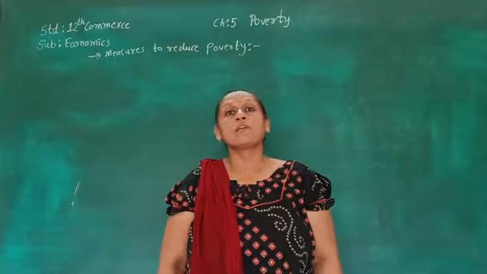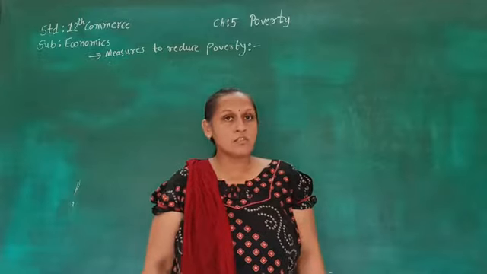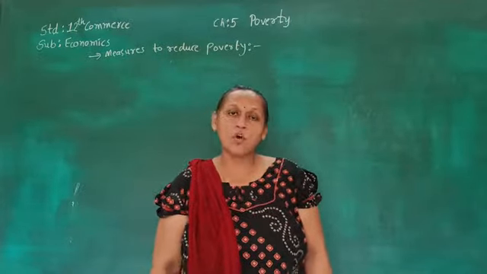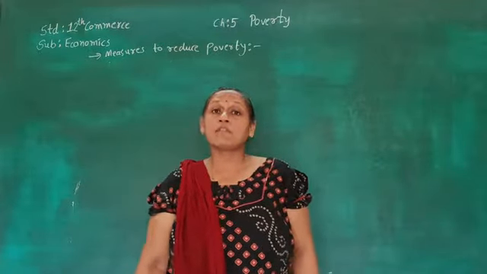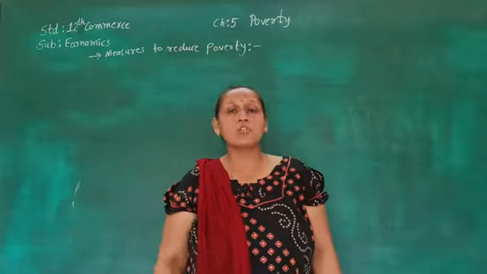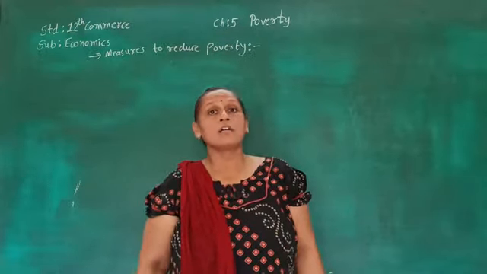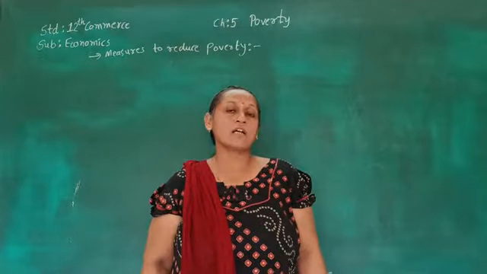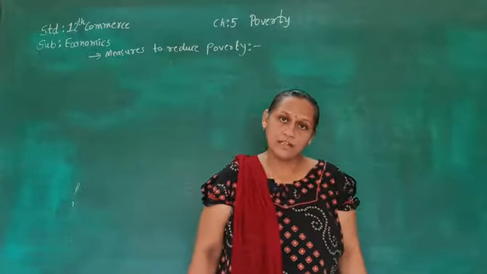Under the Jeevan Jyoti scheme, life insurance of rupees 2 lakh was given for rupees 330. And there was insurance for crops, called Prime Minister Fasal Bima Yojana. So these were the schemes under the Social Security scheme.